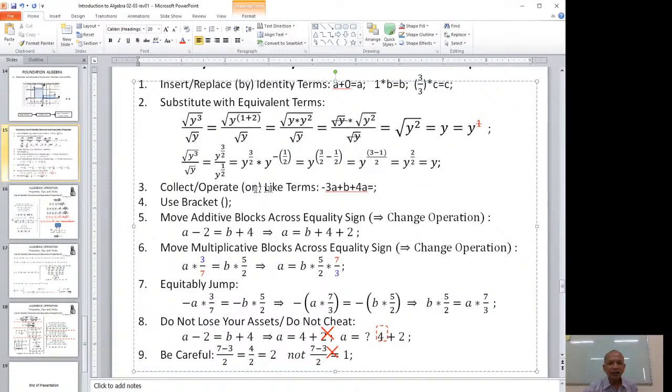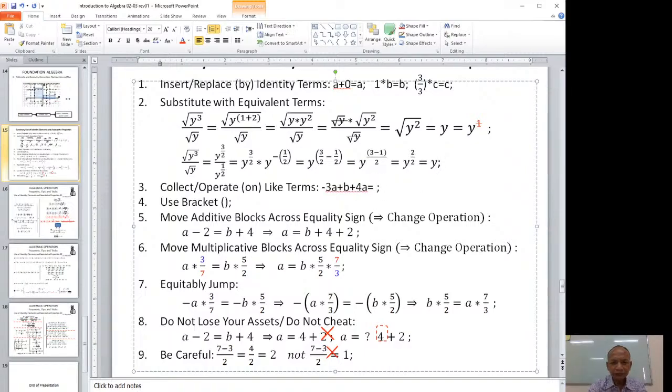Collect and operate on like terms. We can operate on like terms together. Like this one: negative 3a plus b plus 4a. What do we get here?